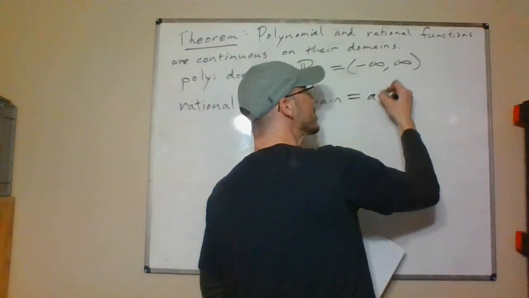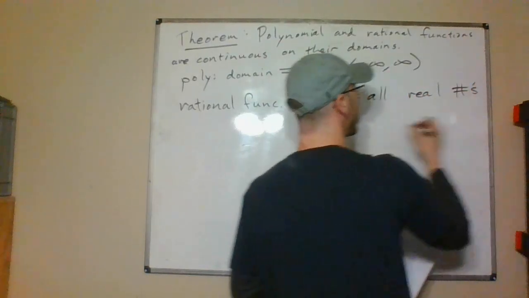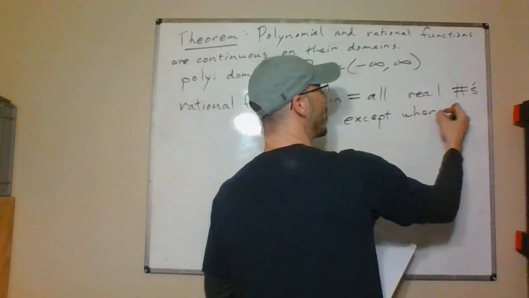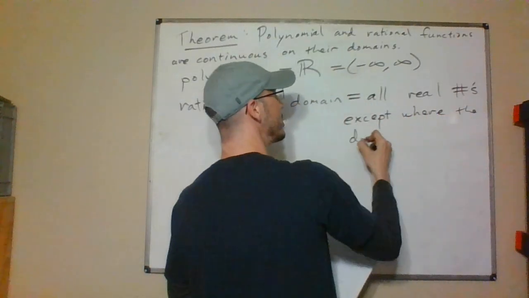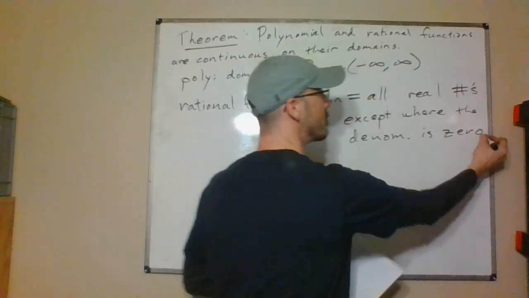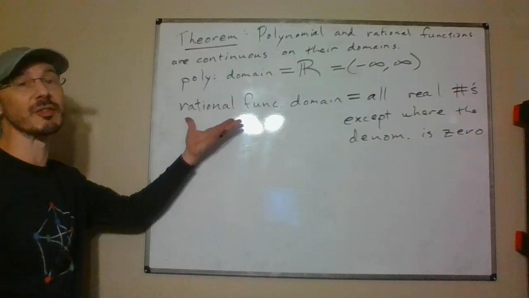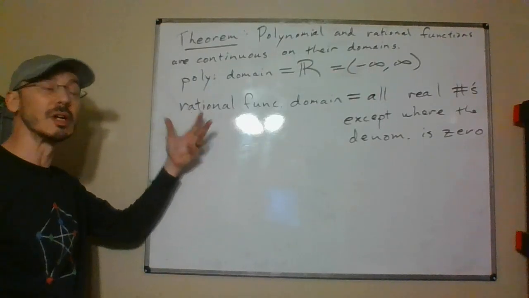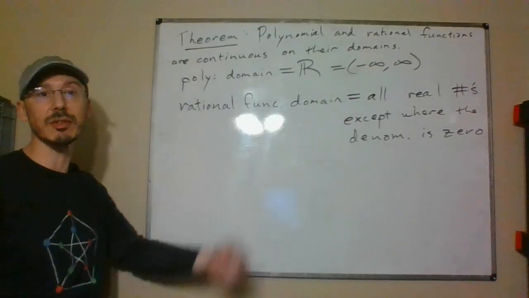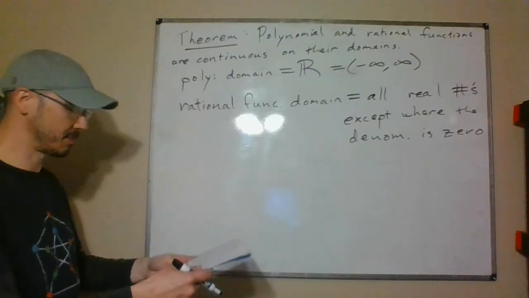All real numbers except where the denominator is 0. I think that's really the easiest way to say it. If you don't know what the rational function is, if you do, you look at the bottom polynomial, find its zeros, and those are the excluded values. Everything else is not only defined, but continuous.